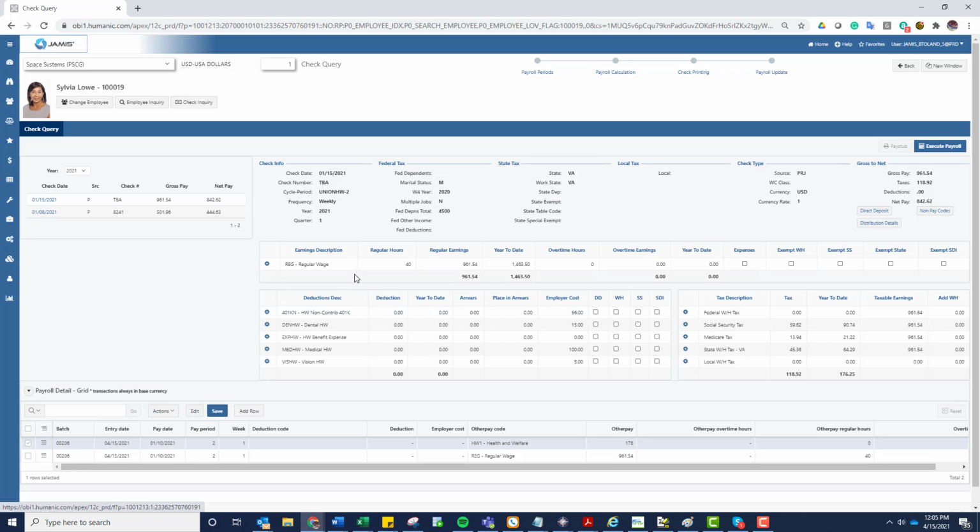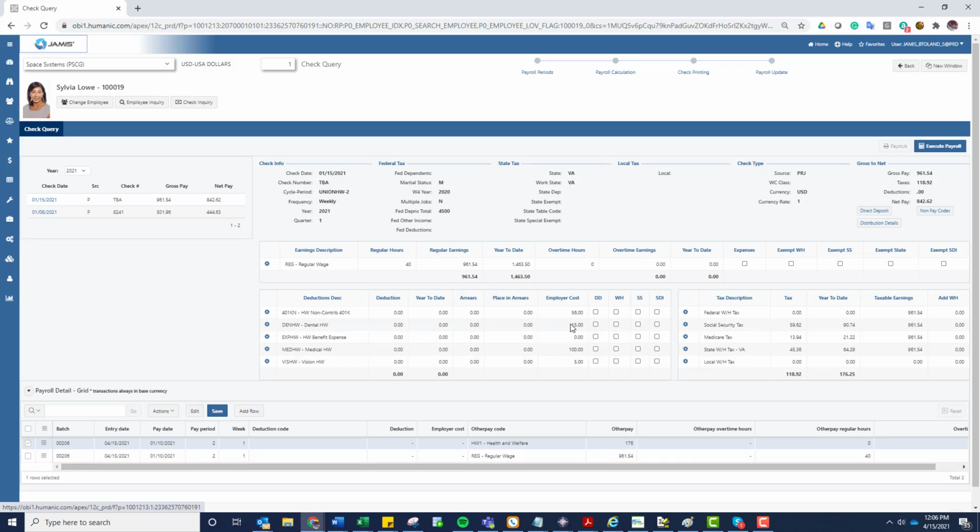However, if she doesn't make enough money to cover those costs, it's not coming out of her earnings. It's becoming an additional expense to the company. So instead of having it as a deduction, it is strictly coming out as her employer cost, and that's going against how much she's made in health and welfare.